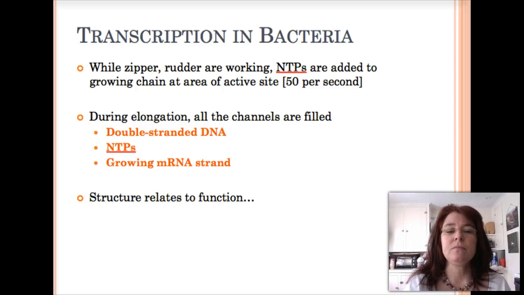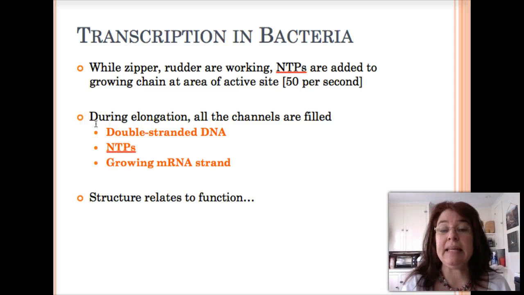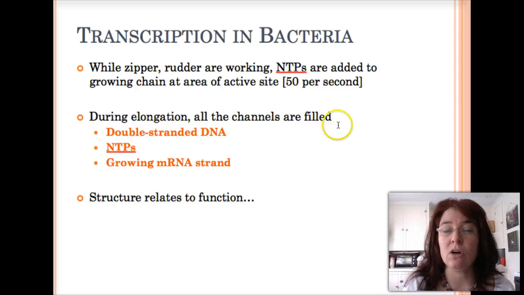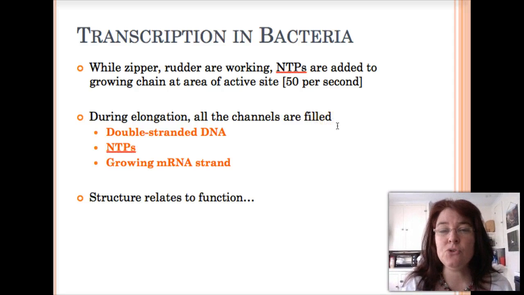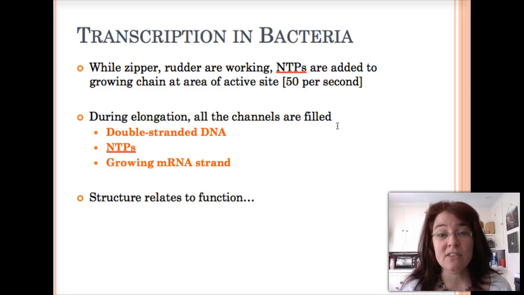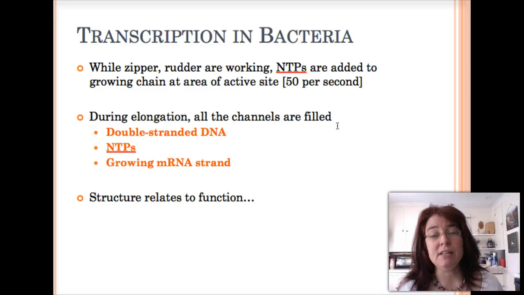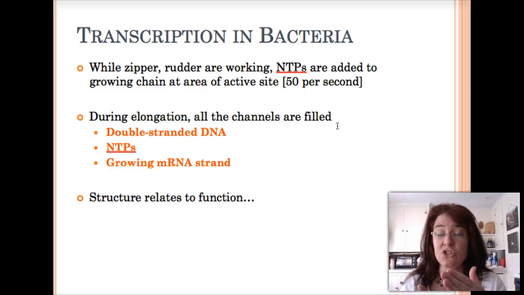So, during this second process of transcription, the elongation process, all of the channels within the core are full. They're busy doing something. This again tells us that the structure of a protein is directly related to its function. Those channels within that core have a job.